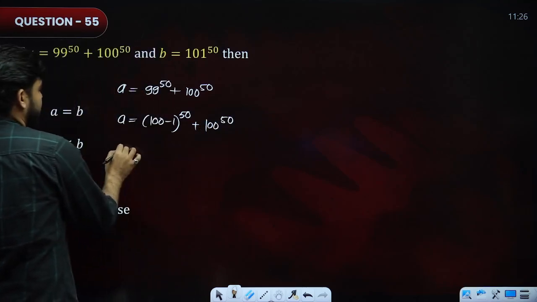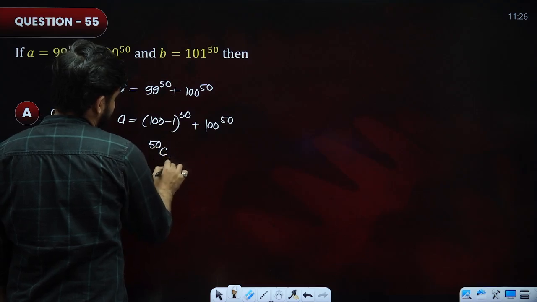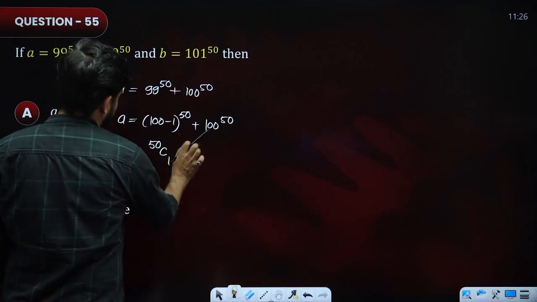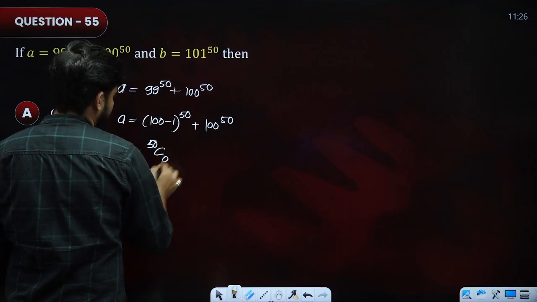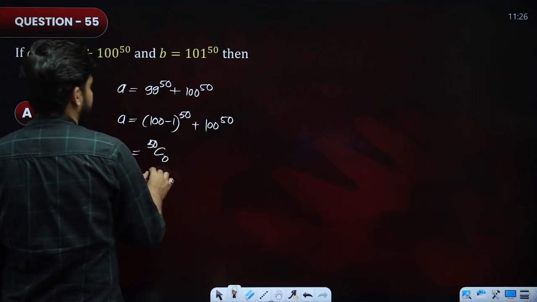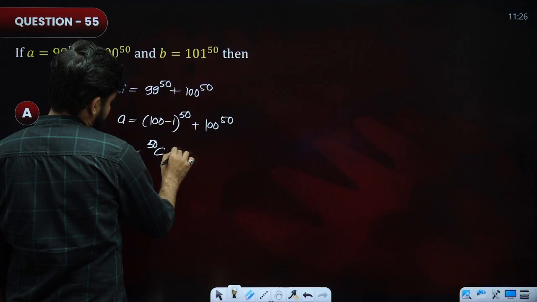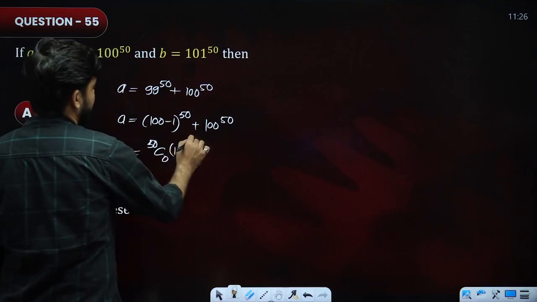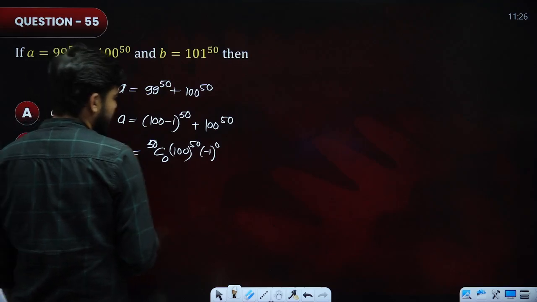So in that case, we can write 50C0, 100 power 50, minus 1 power 0, correct.